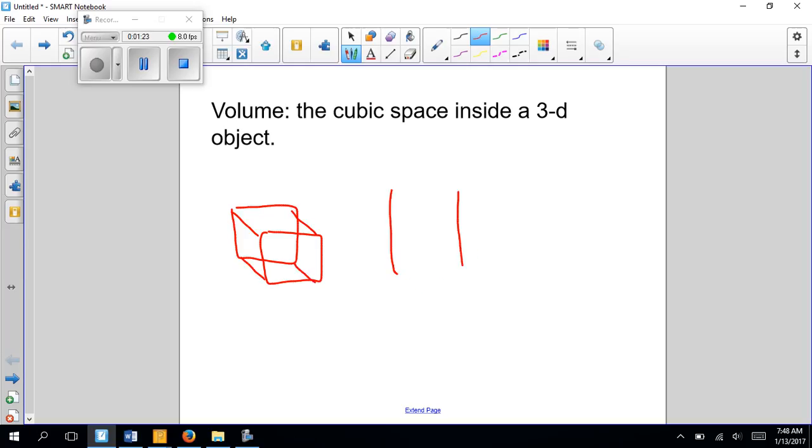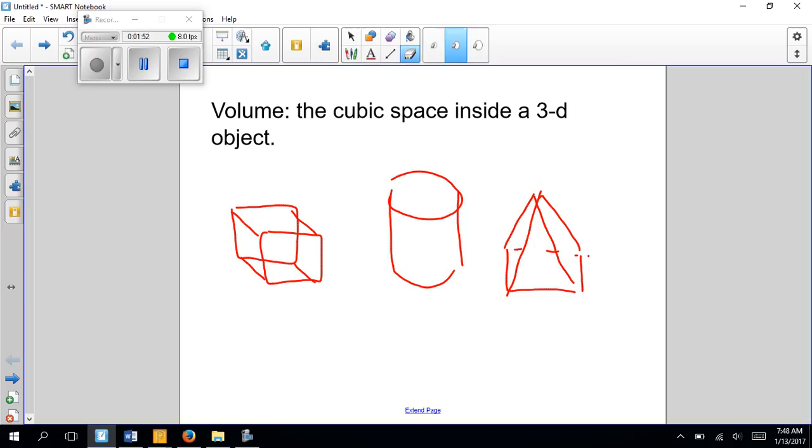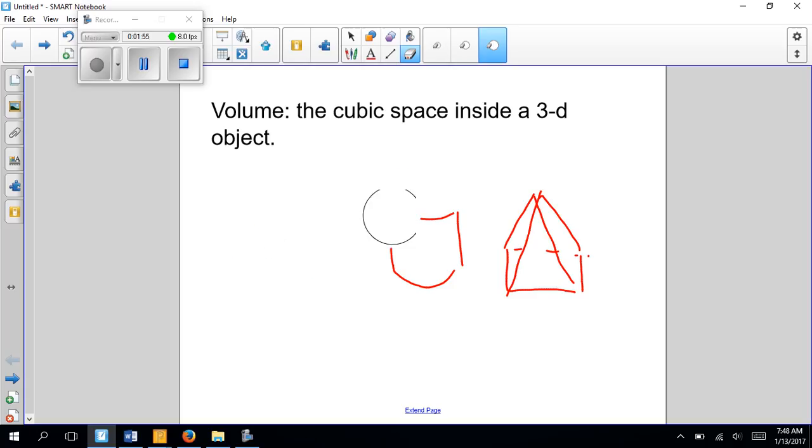You could have your cylinder. It's the number of cubes that fit inside a cylinder, so it might be like the fluid that you could fit inside. This would be like a square pyramid. How much air could you fit inside that square pyramid? So anytime we talk about volume, we're talking about the space that fits inside of it.